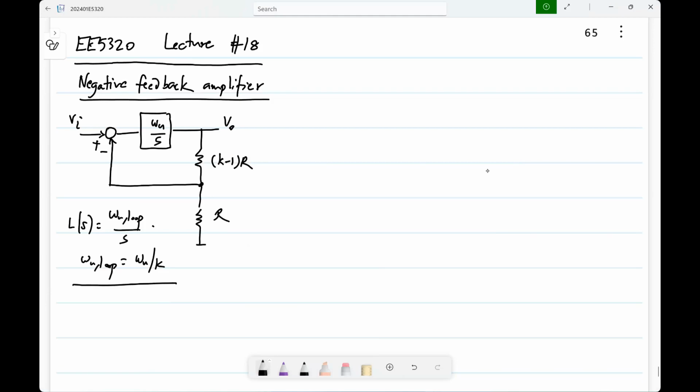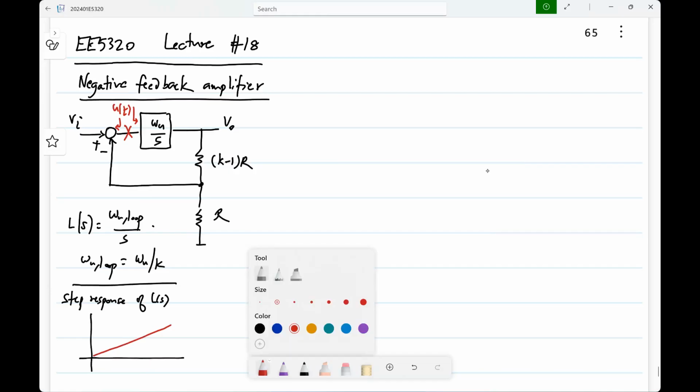Now, what does it mean? If you break the loop somewhere and then apply a step u of t and look at what comes back, and let's say you invert the sign because it is negative feedback, the step response of L of s we know is a ramp.